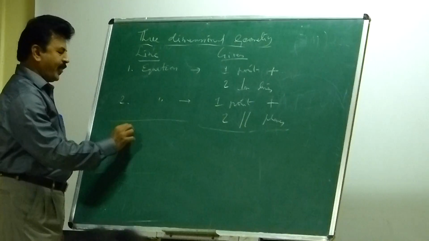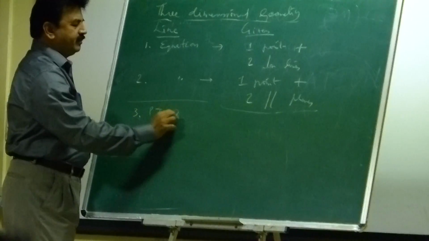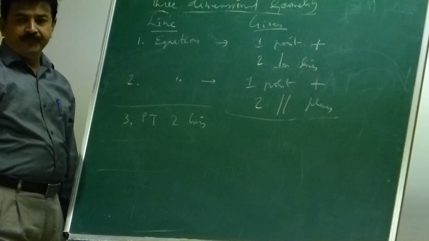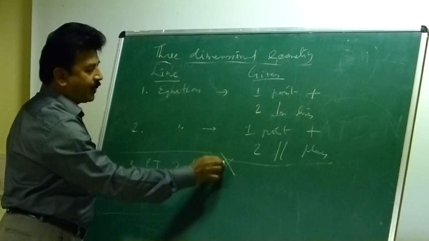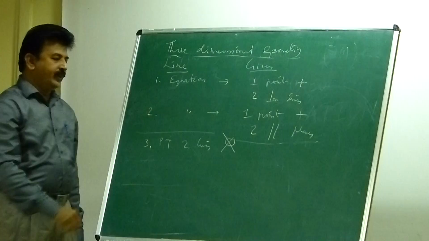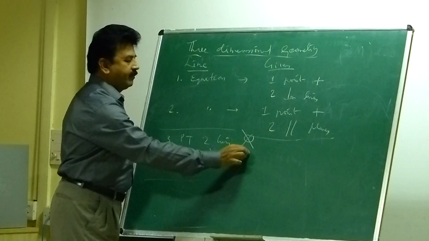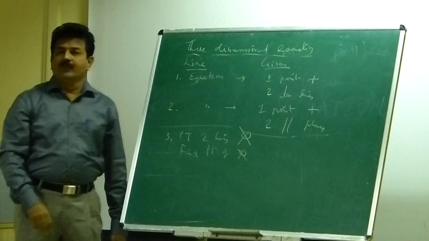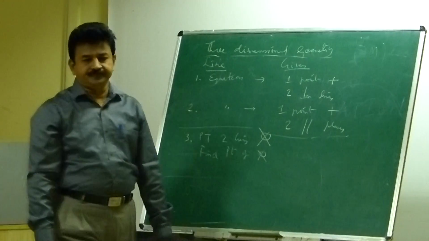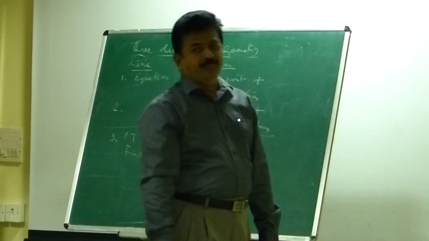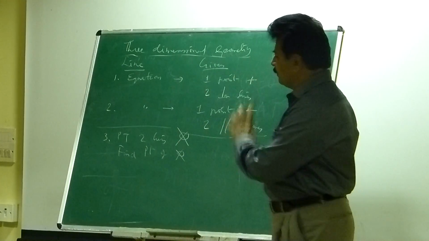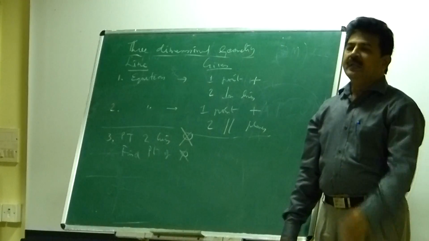Next is, you will have to prove that they give 2 lines. Prove 2 lines intersect. Okay. Find the point of intersection. Now here one question arises.